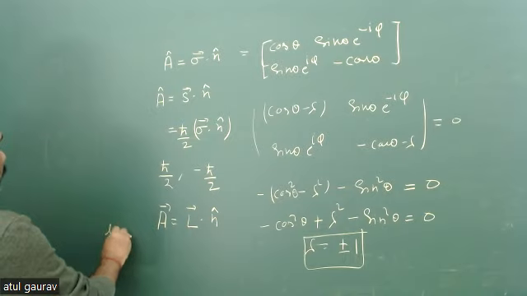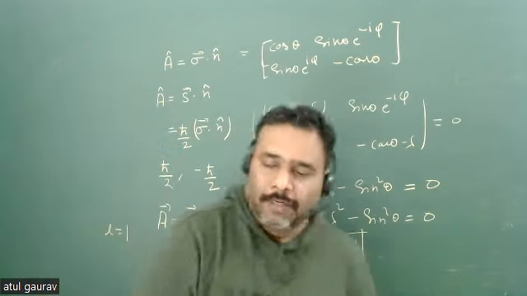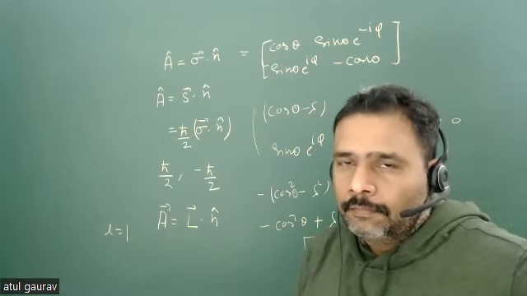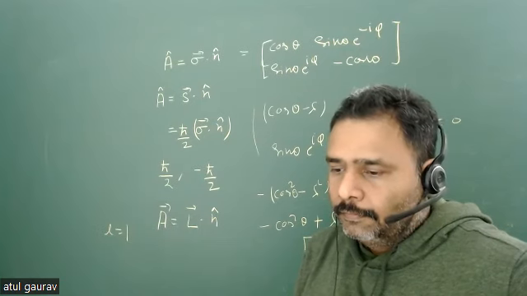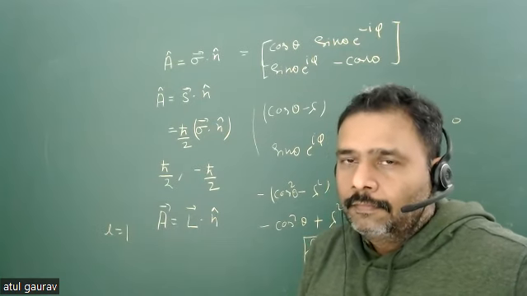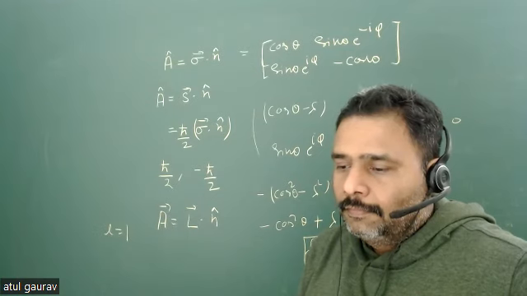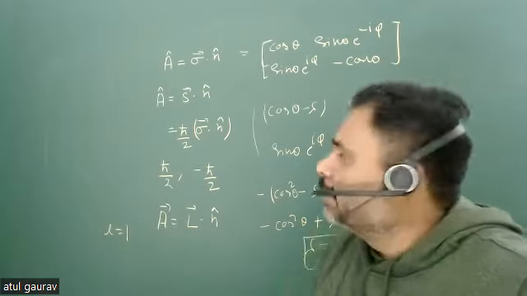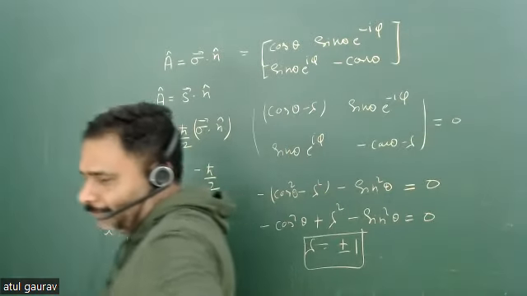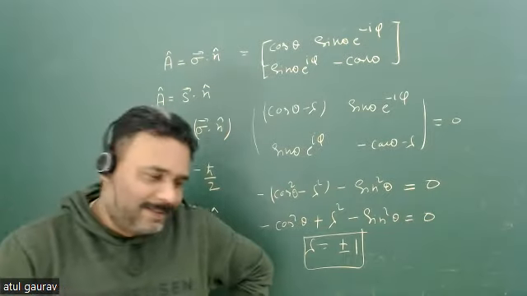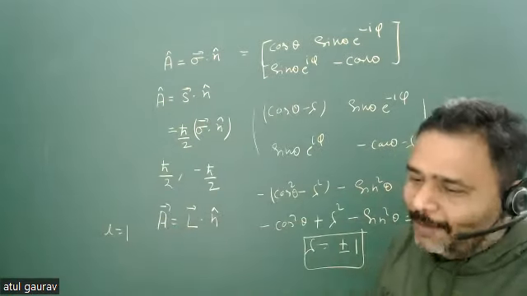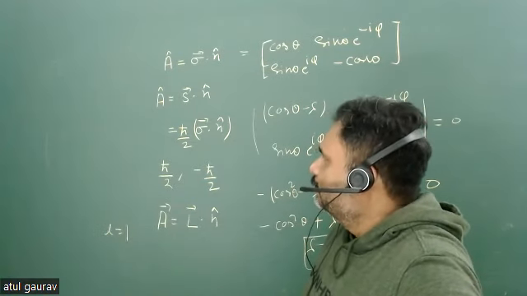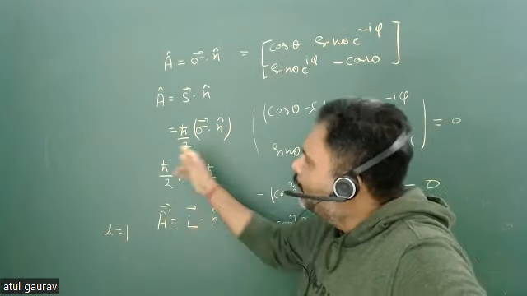For L equal to 1, what should be the eigenvalue of this operator? Root 2 h cut. Think carefully and answer. What will be the eigenvalue of this one? Whose eigenvalue is this? Is it the eigenvalue of S square or the eigenvalue of S z?